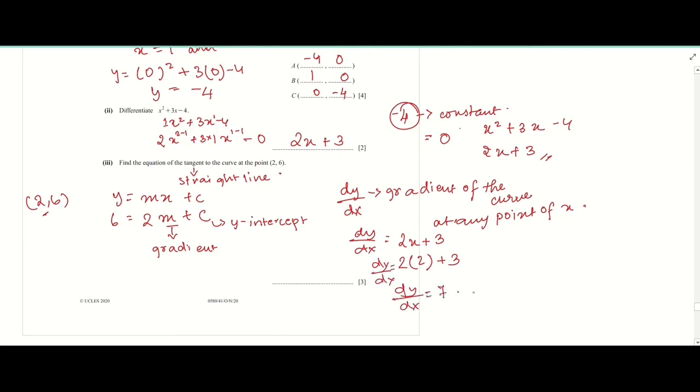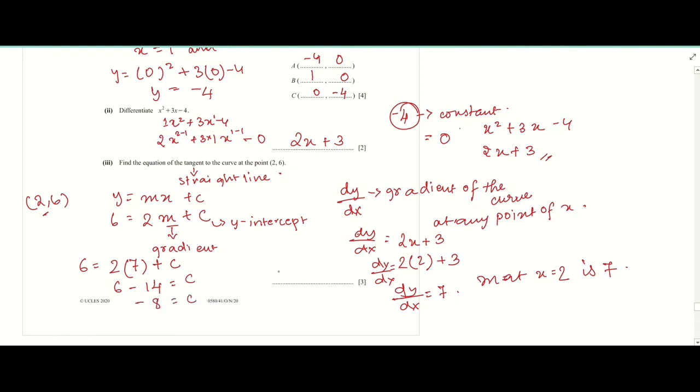That means our m value at x equals 2 is 7. Now we can write 6 equals 2 multiplied by 7 plus c. Now we can find our y-intercept, because that's the only unknown value we have. 6 minus 14 equals minus 8.